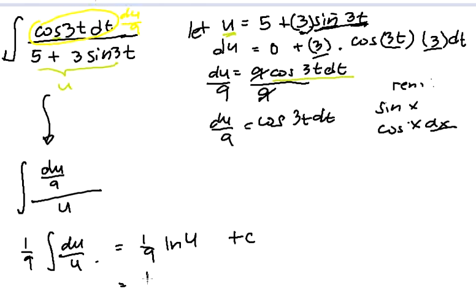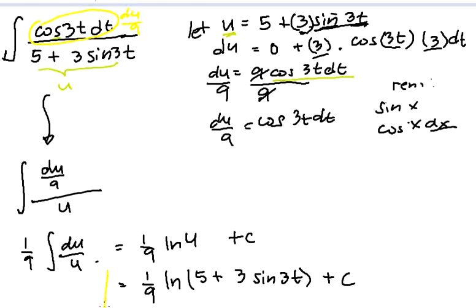Wherein we're going to take back the value of our u, which is 5 plus 3 sine 3t, then plus c.